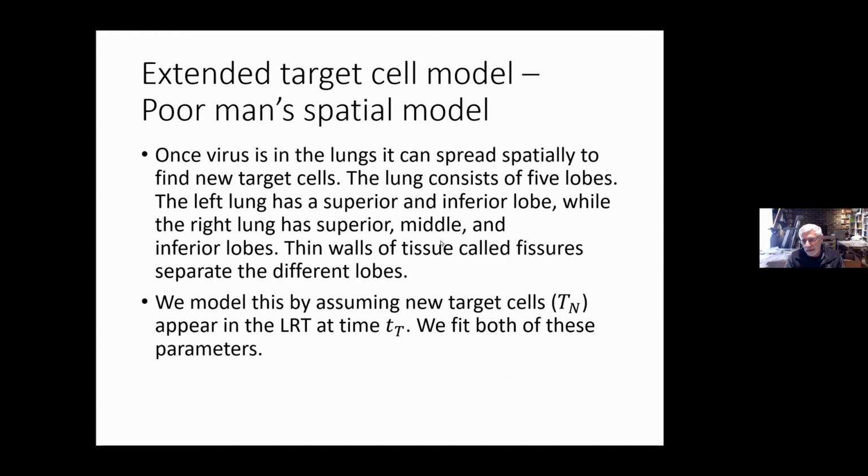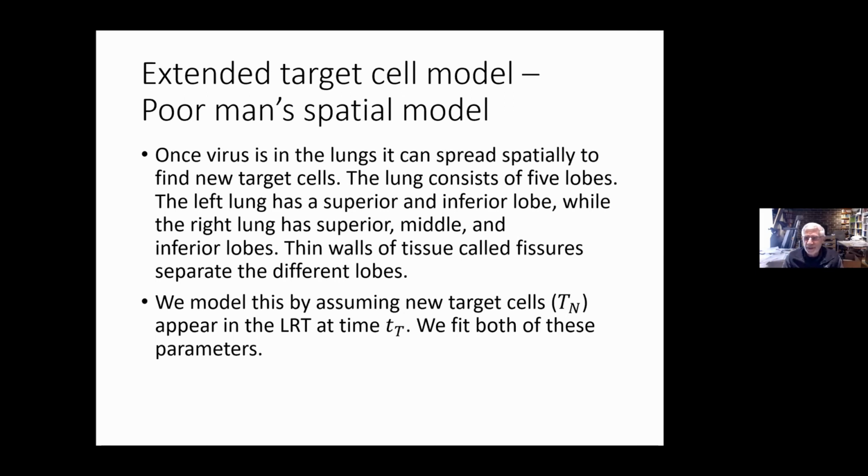What we were thinking about is from work that we've been collaborating on with Amber Smith, who studies influenza in the lungs of mice, which she has shown that as time goes on, you can actually see that the infection spreads spatially in the lung. And you could either think of it as getting from one of the lobes of the lung, which, in case you don't know it, your lungs actually have 5 different lobes. It might get into another lobe, or it might just spread and find new target cells.